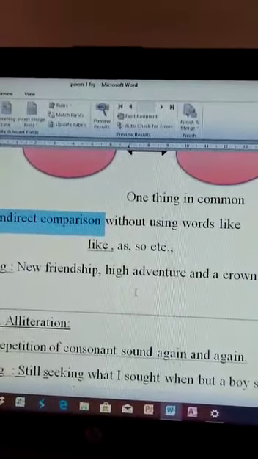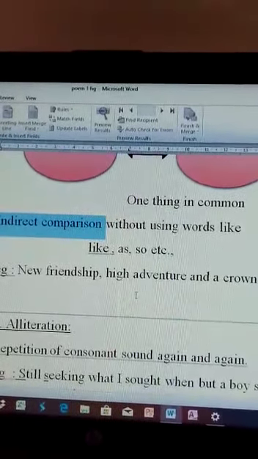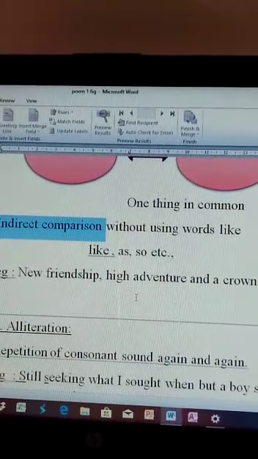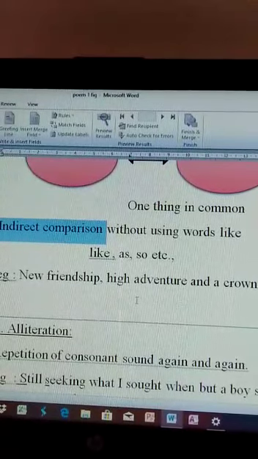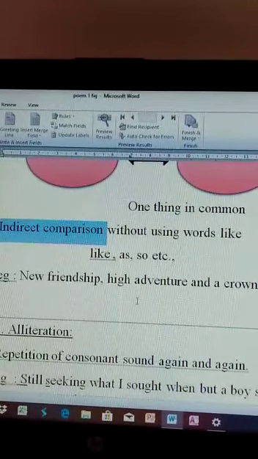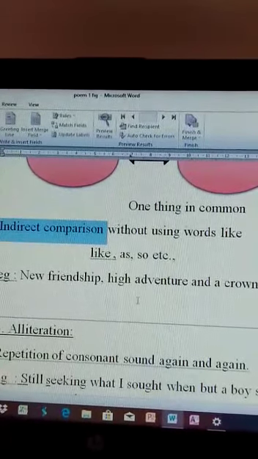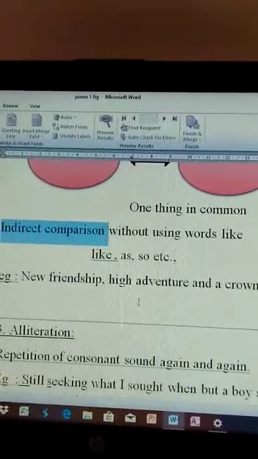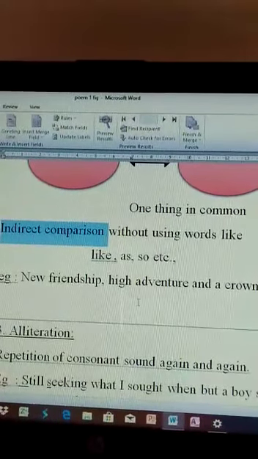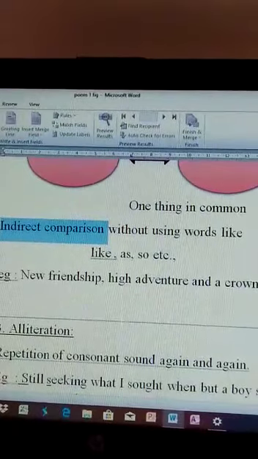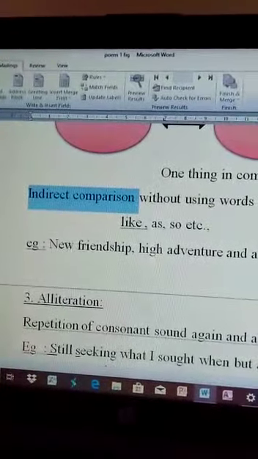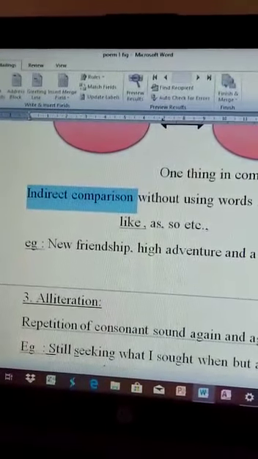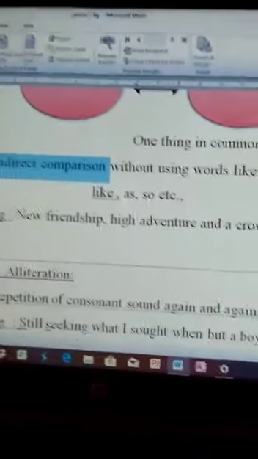As I have said, in your young age the boys and girls are in their own wonderland. They are the prince and princess. So here he is comparing himself to a small boy who can get new friendship, high adventure, and a crown. So an indirect comparison is given in this line, and we are employing metaphor here.